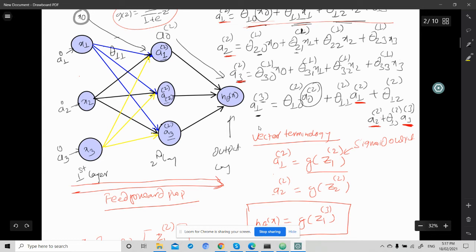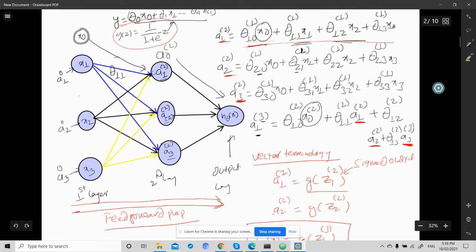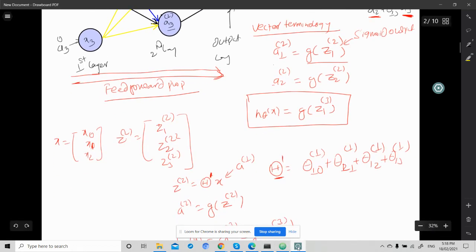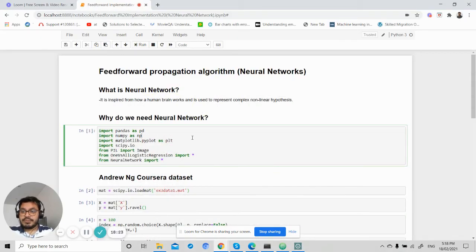So this whole process of computing the output, calculating the activation function, and finally generating the output is called the feed-forward propagation algorithm. Now what we will be doing is implementing this in Jupyter Notebook.